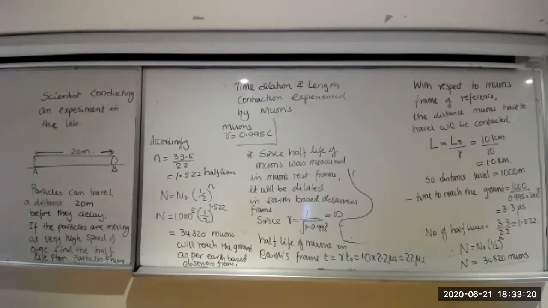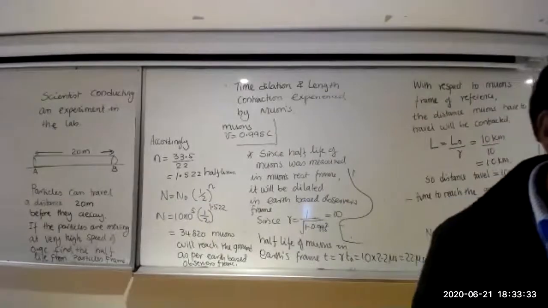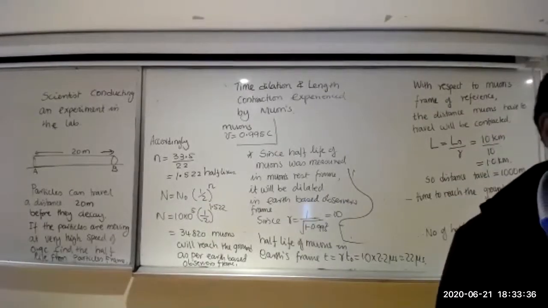If the particles are moving at a very high speed of 0.9 c, find the half-life of the particles from the particles' frame of reference. That question is clear, yeah? I was a little bit garbled there, but hopefully you understand.